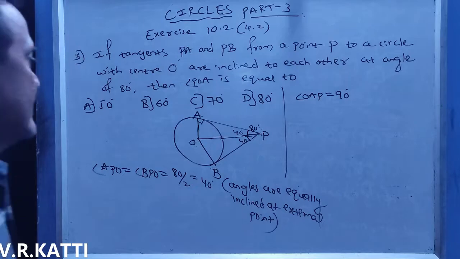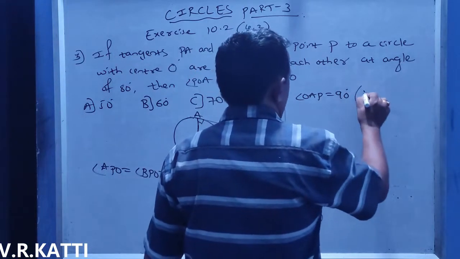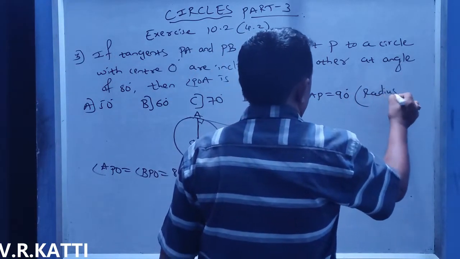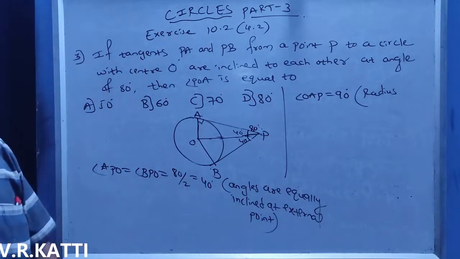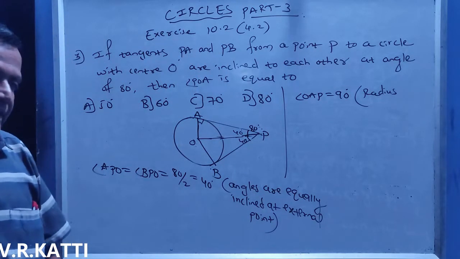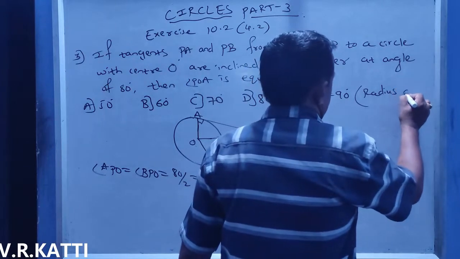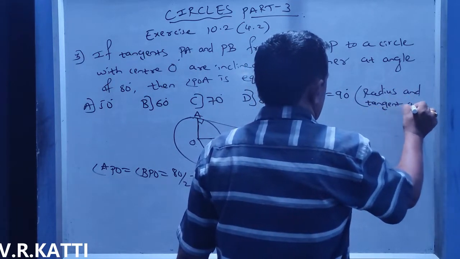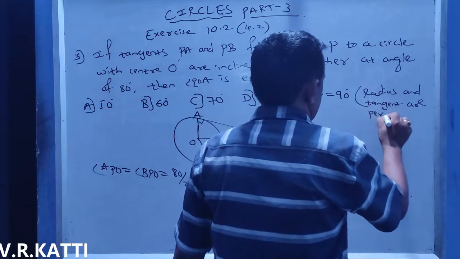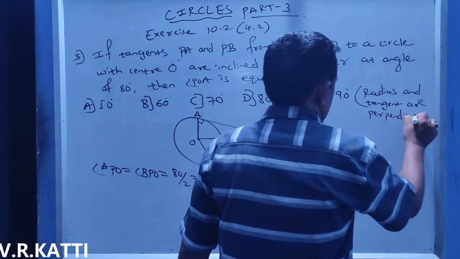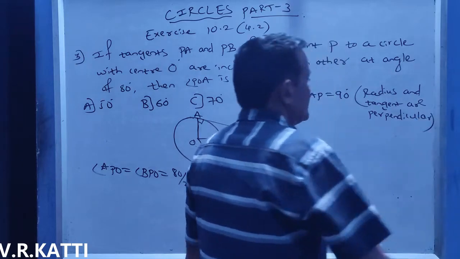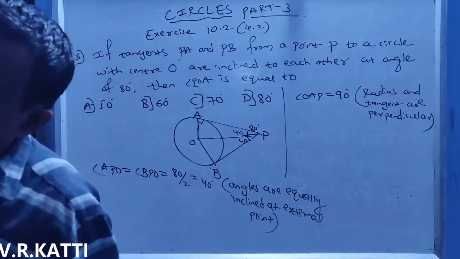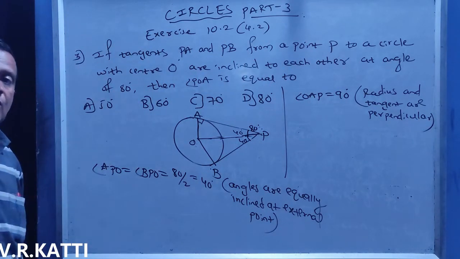So the reason is radius and tangent. You already proved the first theorem: radius and tangent are perpendicular at the point of contact.